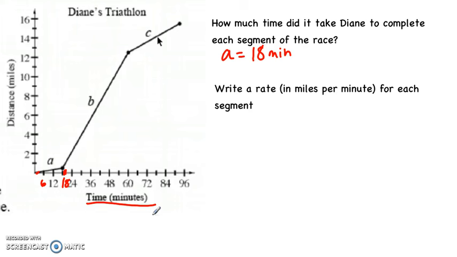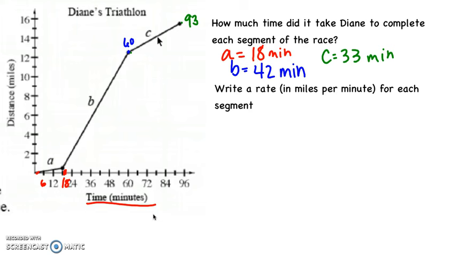B goes from 18 all the way to 60. So 60 minus 18 would be 42 minutes. And the last one is C, goes from 60 all the way to about 93. 93 minus 60 is 33 minutes.